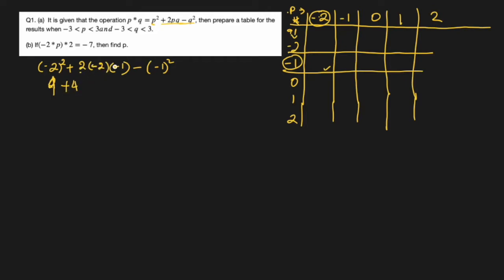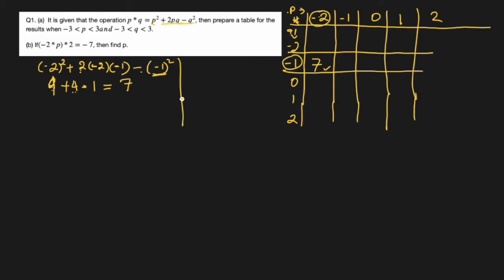There are 2 negatives here, so it will be positive. 2 times 2 is 4, and this will be +1, so minus will remain, but the other minus will become positive. So 4 plus 4 is 8, 8 minus 1 is 7. So here we will fill up 7.